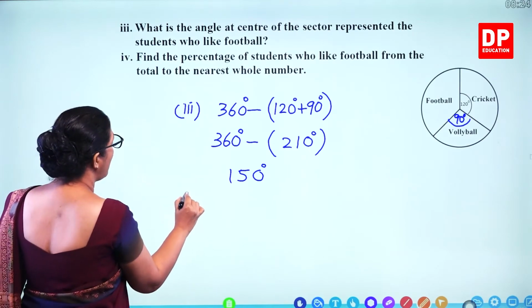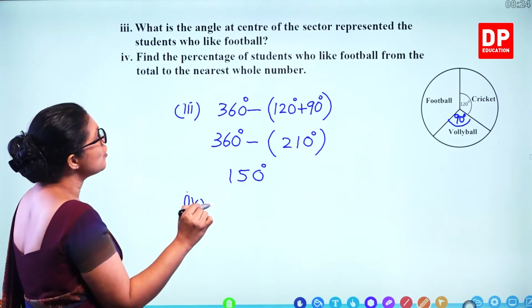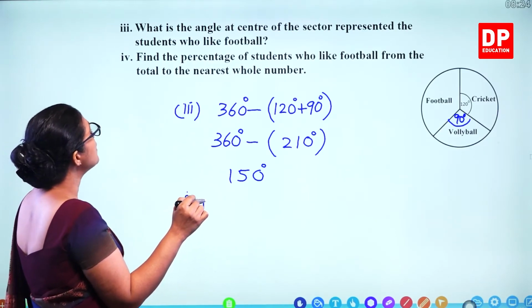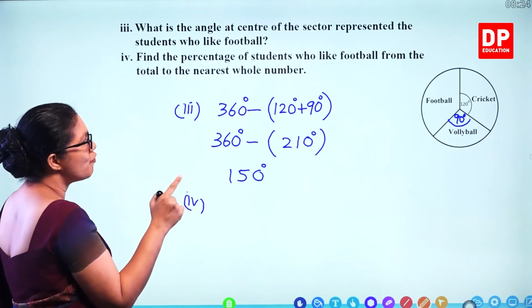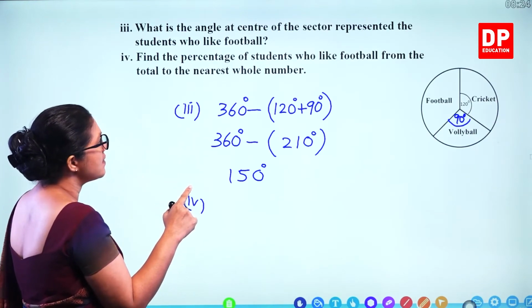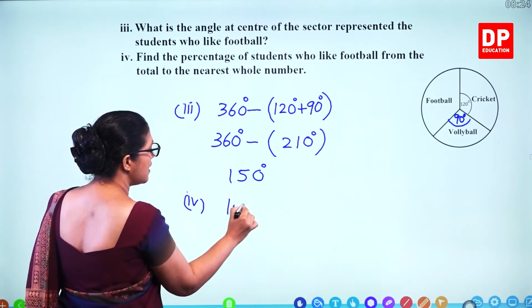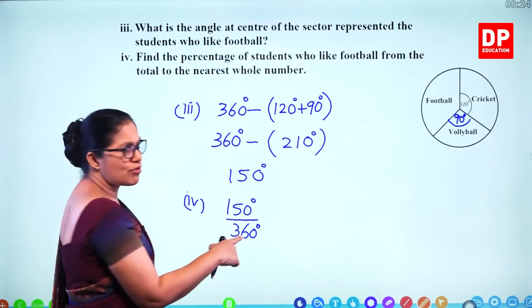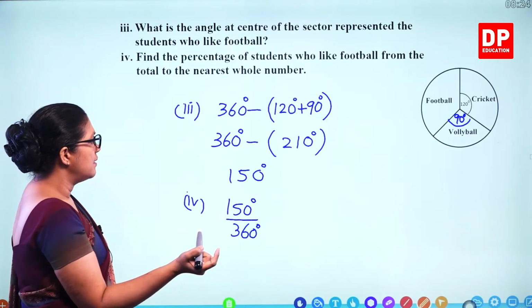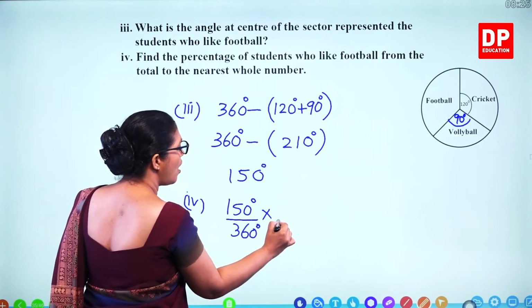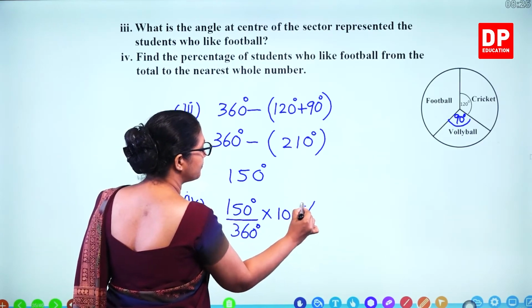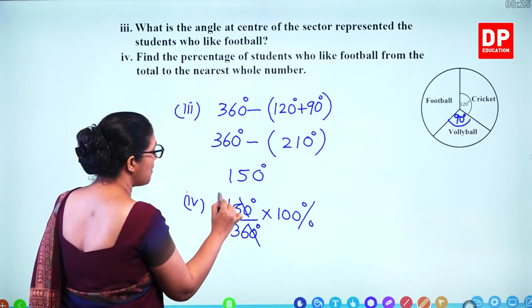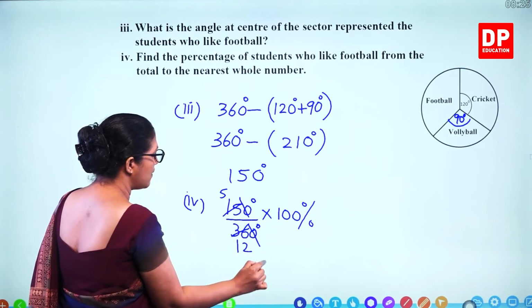Then fourth part, find the percentage of students who like football from the total to the nearest whole number. So football, that's 150 degrees out of 360. So you can use that. You can use the angle as the ratio into 100%. 0 get cancelled out. 3 times 5, 3 times 12.